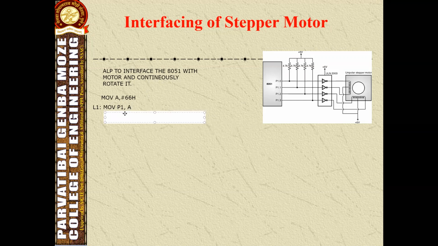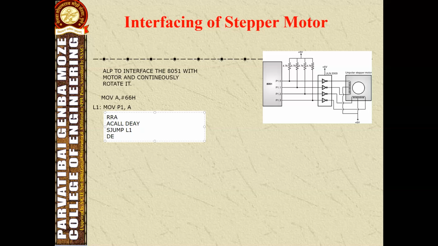The next instruction is RR A, which means rotate right, clockwise. Then we have to call a delay subroutine. Then after that we have to jump to L1.